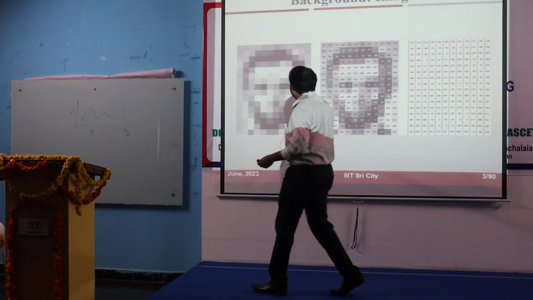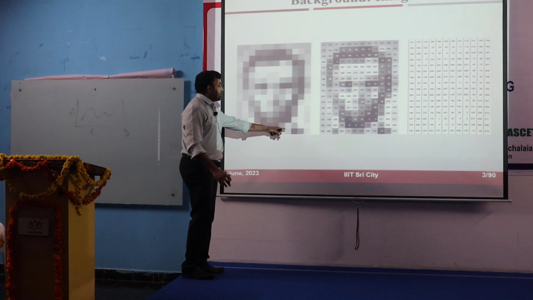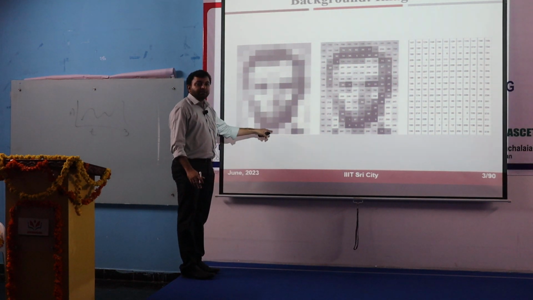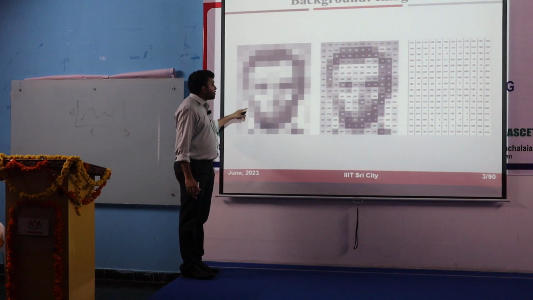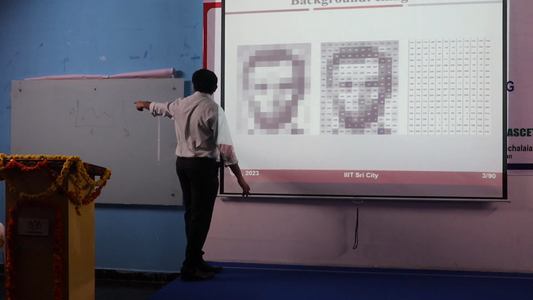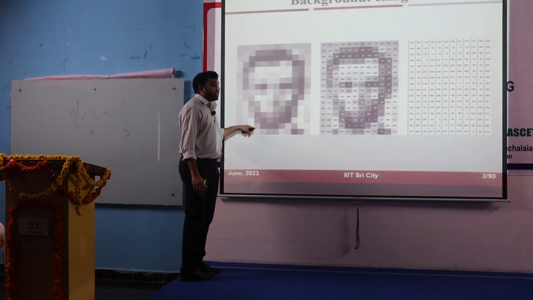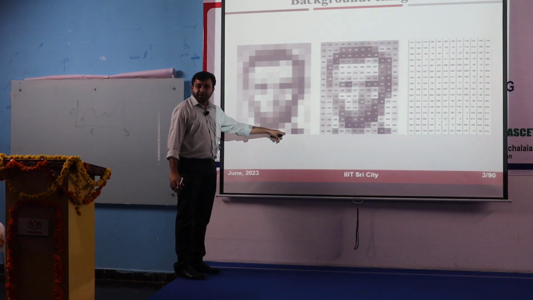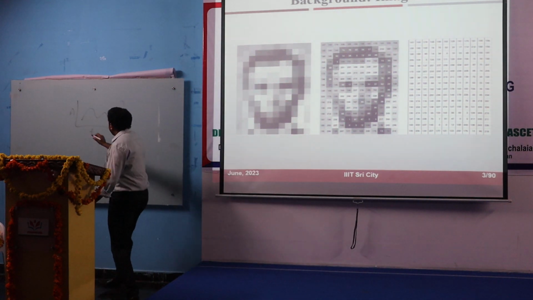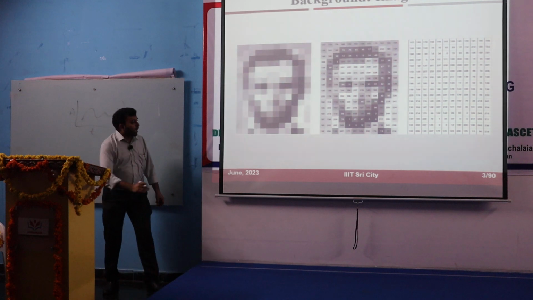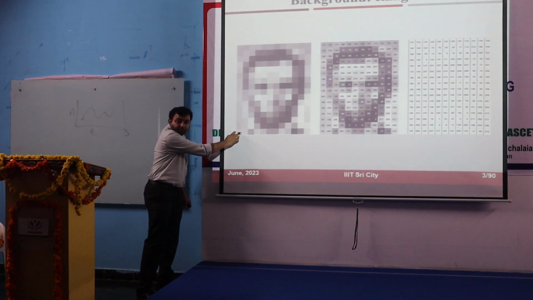So the idea is that you will have x and y. So this is a two-dimensional signal now. Like your signal is varying with respect to time, here it's varying with respect to x and y. For example, at this particular time this was the amplitude. So at this particular x and y this is the amplitude.